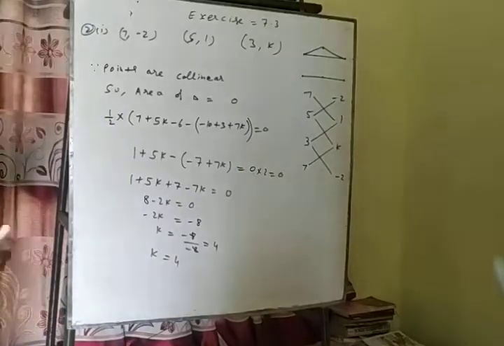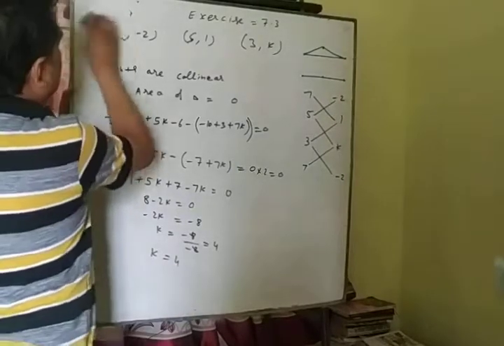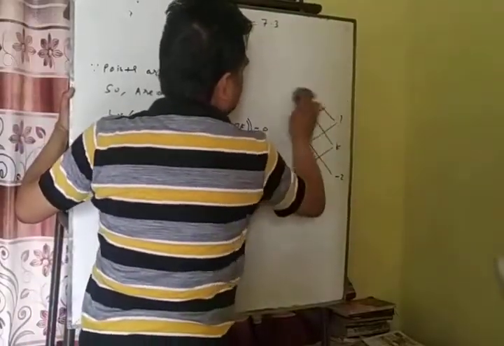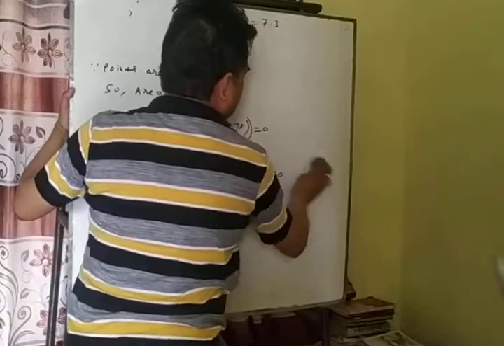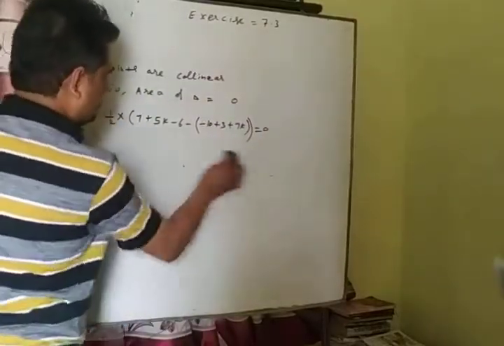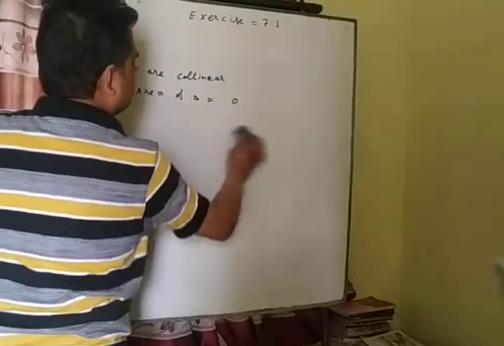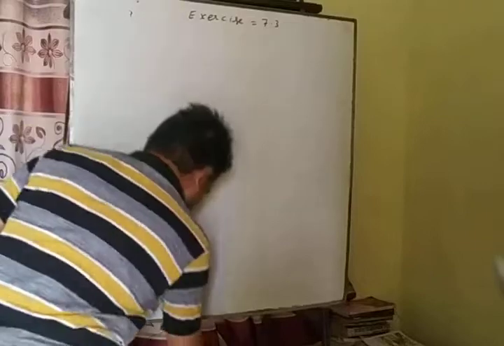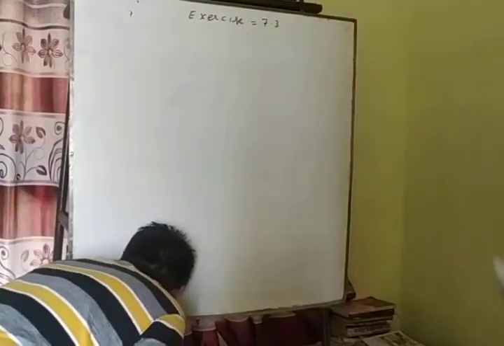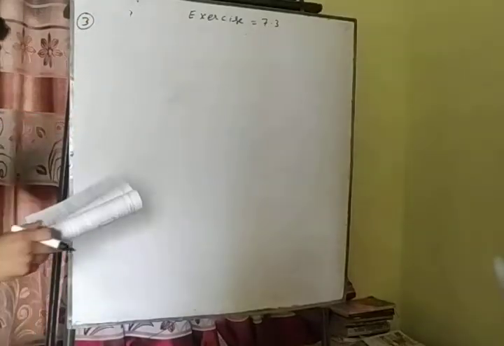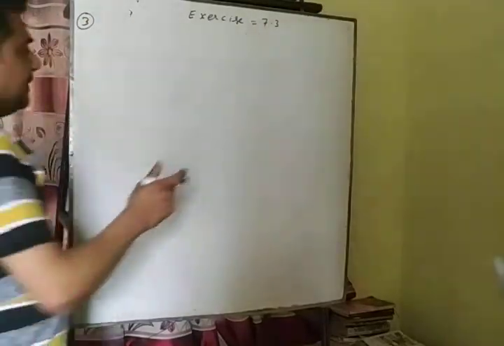Now sum number 3. In the third sum, one triangle is given.